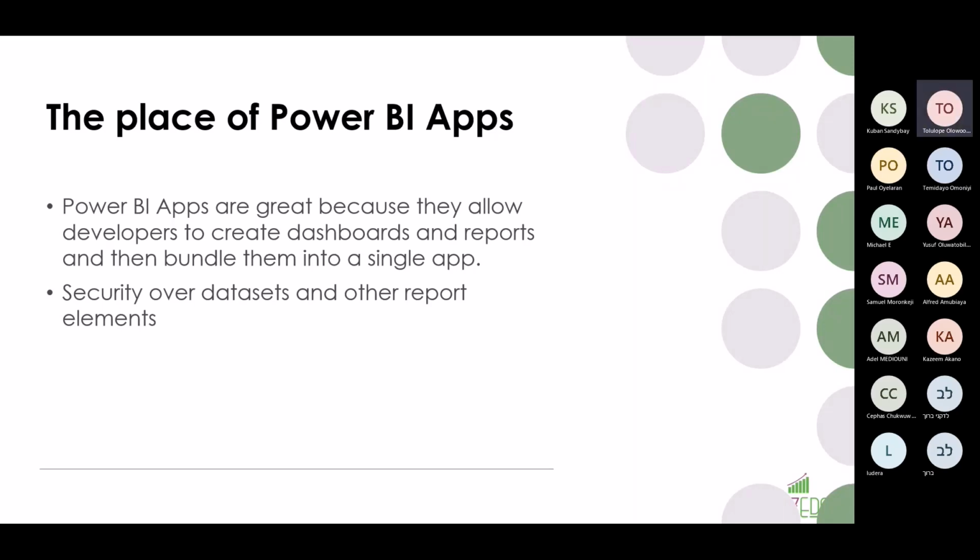It's only the group head that can see everything. What you do in this case is create an app and then perform some form of row-level security within the app, so that users of that region only see what they need to see. So the app helps with security.